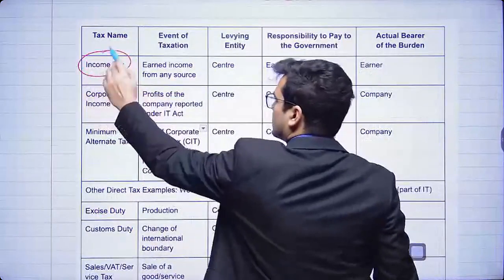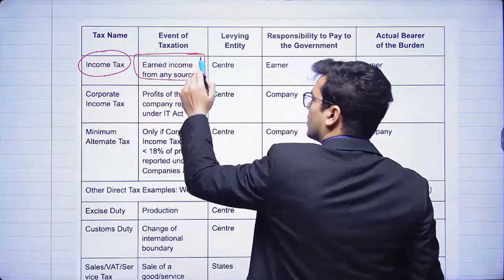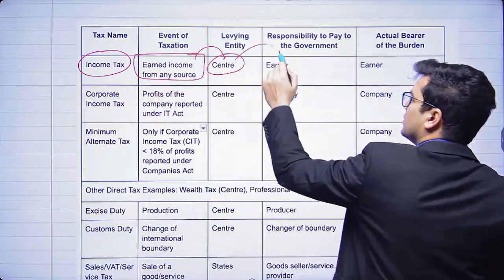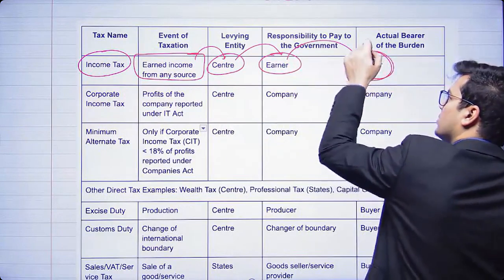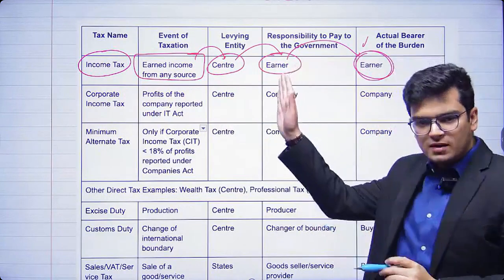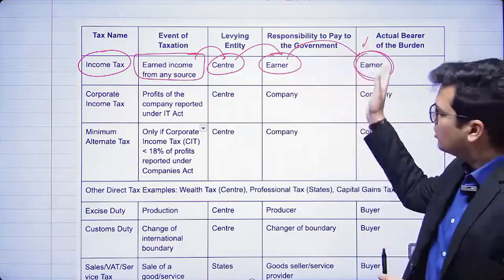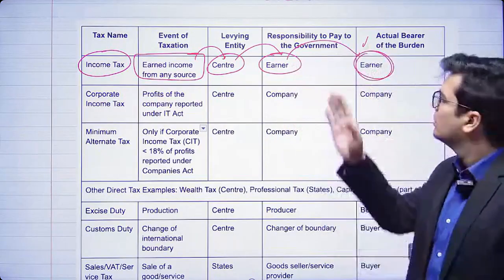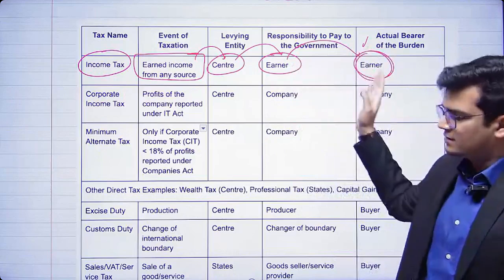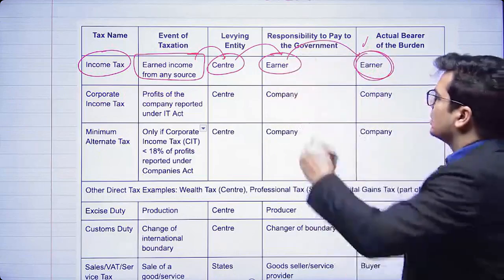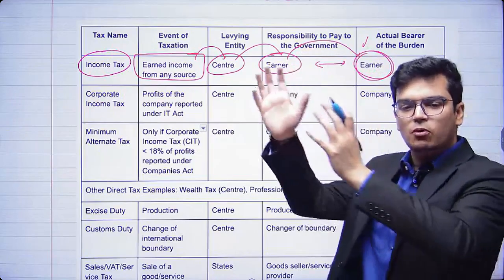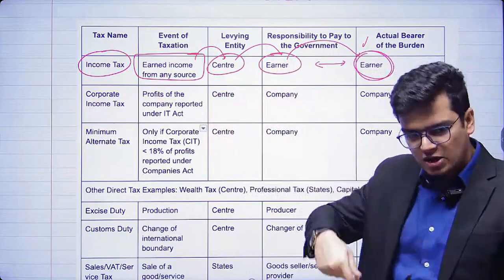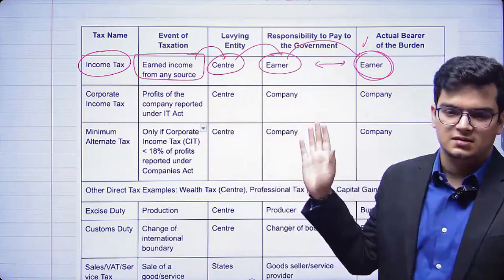Now, income tax: event of taxation, earned income; levying entity, center; responsibility to pay, earner; and who is bearing the actual burden? Also earner. Actual burden means I am actually paying. So this is a direct tax because the person who has responsibility to deposit to government and the person who is actually paying out of pocket is the same person.